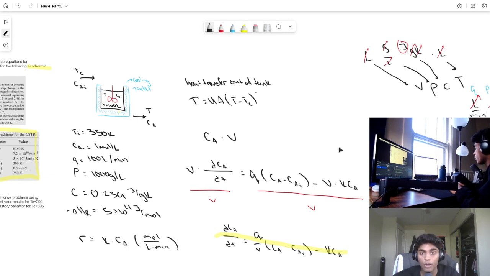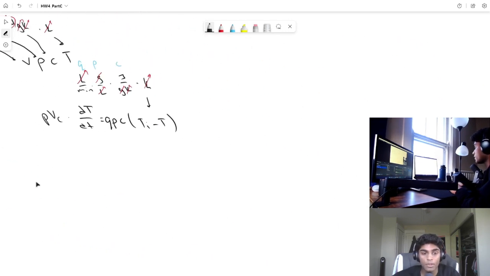Next, we have to focus on the heat that's being given off by the reaction itself. So we look at our heat of reaction there. So we're going to add this one. And remember why I said we have the negative heat of reaction. So we have this positive. And this is in terms of joules per mole. We just want to have this in terms of joules. So we need to multiply by the amount of moles that we have. And so we can look at our rate, right?